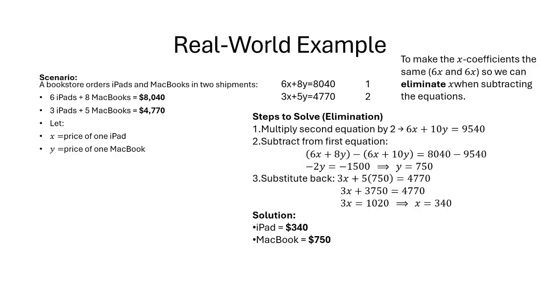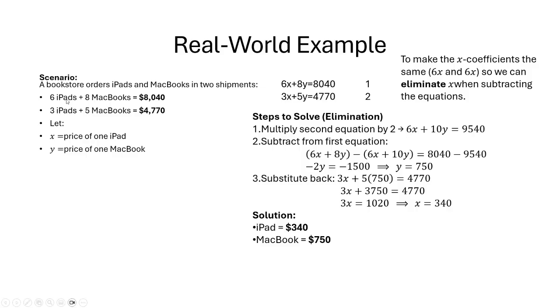So how we're going to solve it: a bookstore ordered iPads and MacBooks in two shipments. So 6 iPads plus 8 MacBooks equals 8,040, and 3 iPads plus 5 MacBooks equals 4,770. So our x is the iPads and the y is the MacBooks as before.